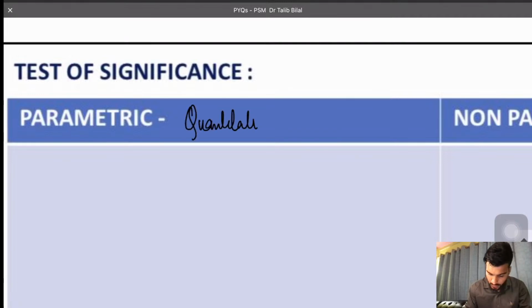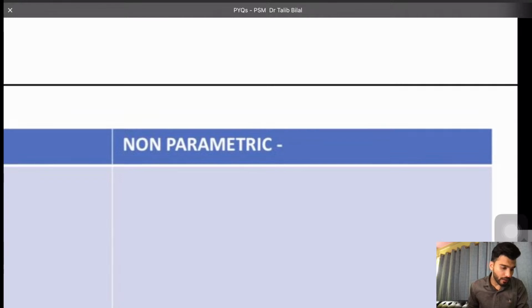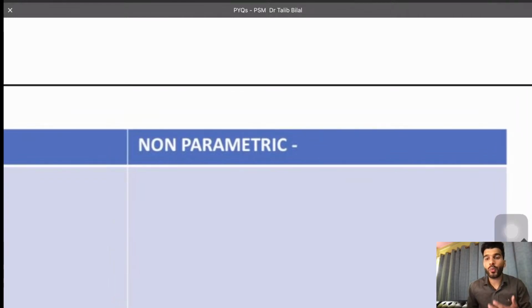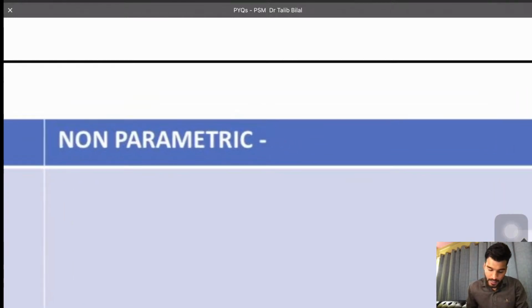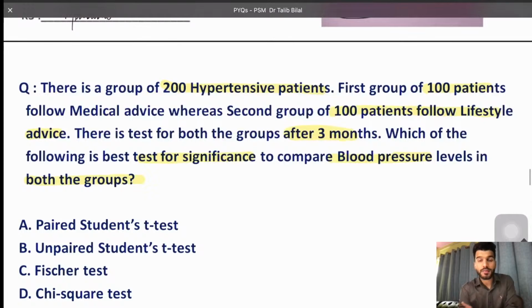And for data that we cannot measure, for example, anemia, in anemia, can we measure the anemia? No, we can just know the types of anemia. For that we use non-parametric tests, that is qualitative. So whenever such questions are coming up, first differentiate whether the data is quantitative or qualitative.